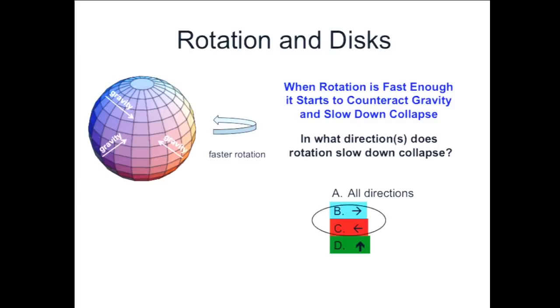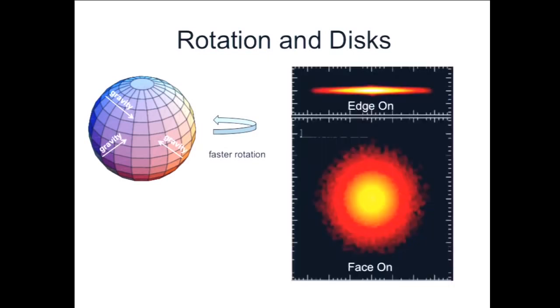And so, in fact, the right answer here is both of these directions. The way to visualize it is what this produces as time goes on is something like this. Seen from the side, this is going to be an object where gravity has not stopped things from collapsing in this direction. So it's rotating like this. So in the up and down direction, gravity is not opposed by rotation.